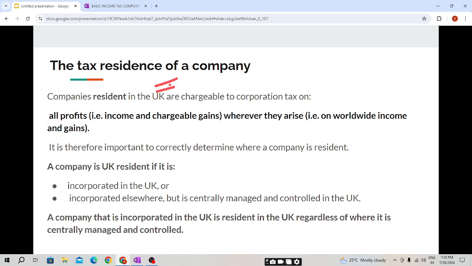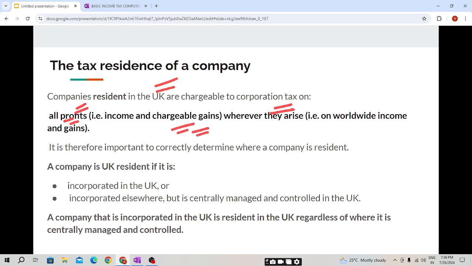Now moving to the tax residence of a company. As we have seen, students, companies resident in UK are chargeable to corporation tax. If a company is resident in UK and it's earning money, then corporation tax will be applicable. A company resident in UK is chargeable to corporation tax on all profits, that is income and chargeable gains.